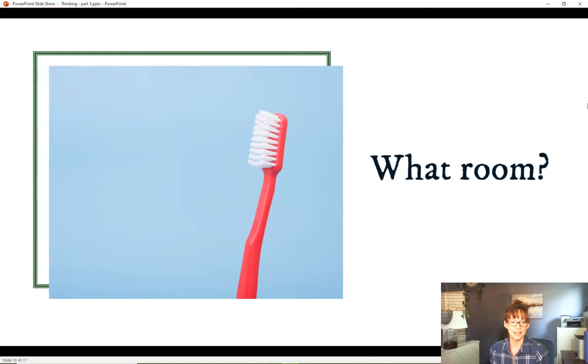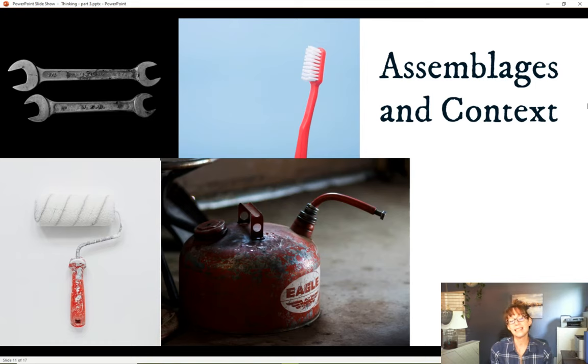Let's try it again. Let's say your friend comes out first with this object. You're probably thinking bathroom again. But let's say your friend gives you this collection of objects, what we would call an assemblage of artifacts in archaeology.